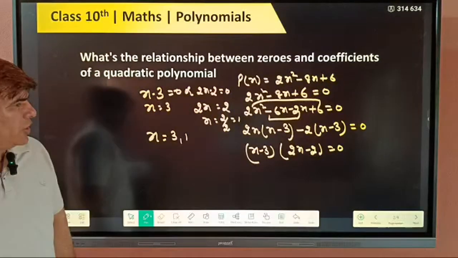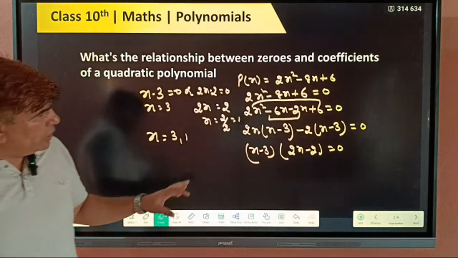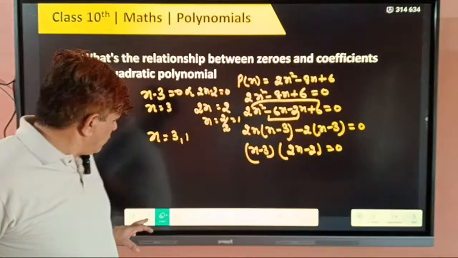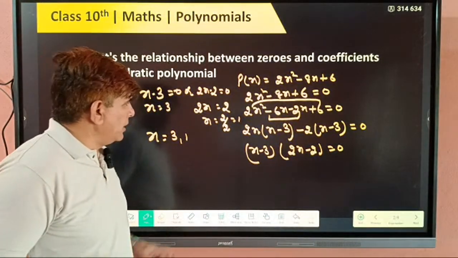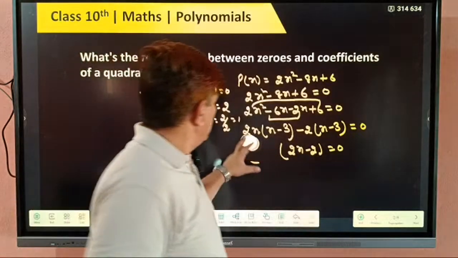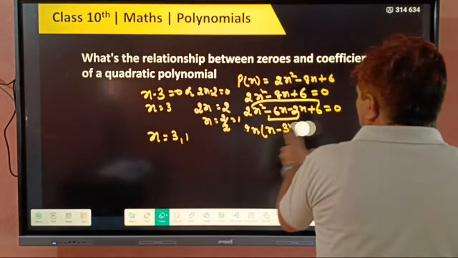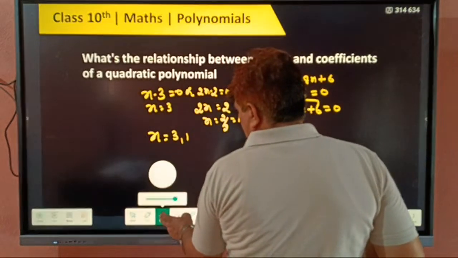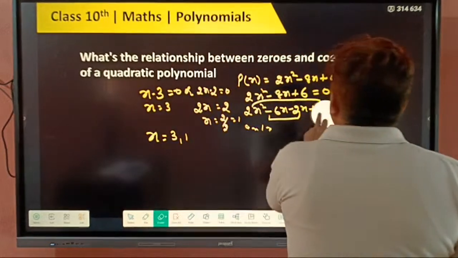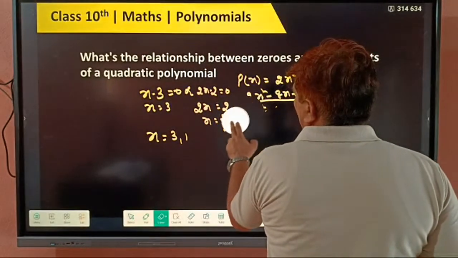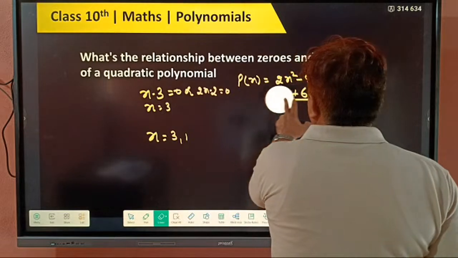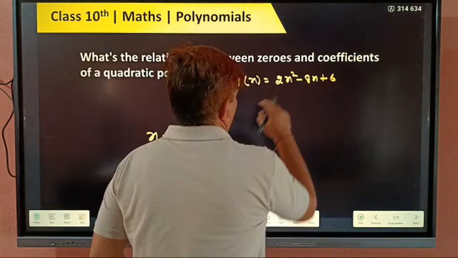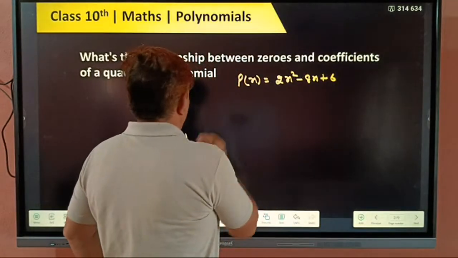Then we have the relationship between the zeros and the coefficients of this polynomial. So what are the zeros here? So I can erase this. So the polynomial is this one.